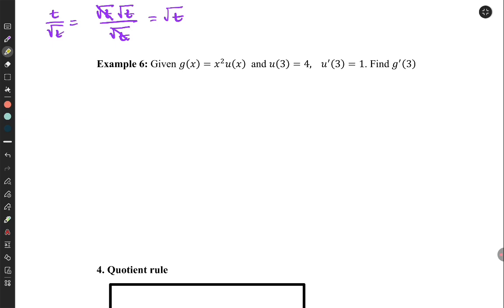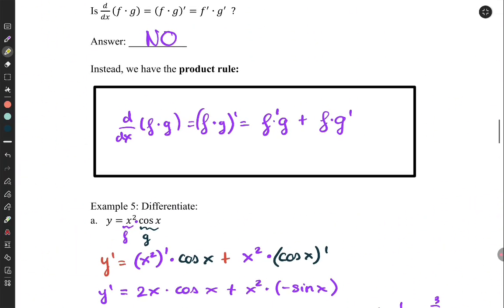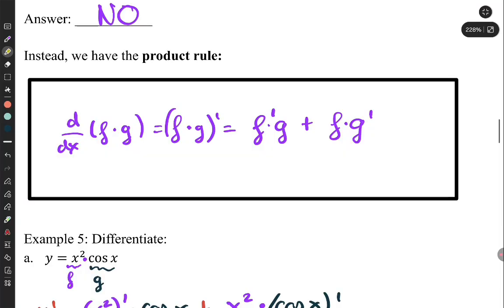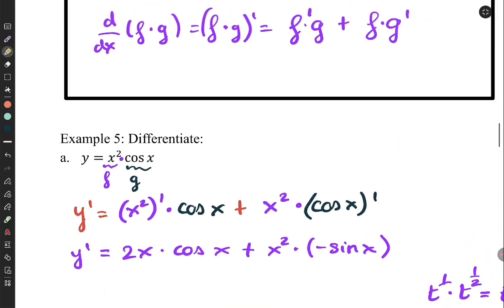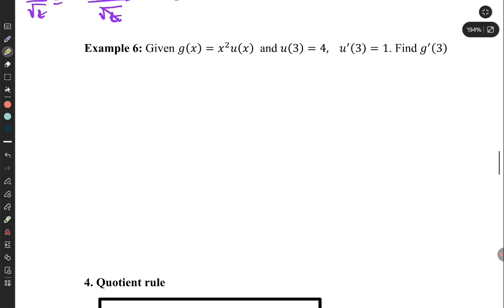You don't have the freedom to take the derivative of each term. When you have a product of two functions, you've got to stick with the product rule. It's simple, not that complicated: f prime g plus f g prime. Keep that in mind.